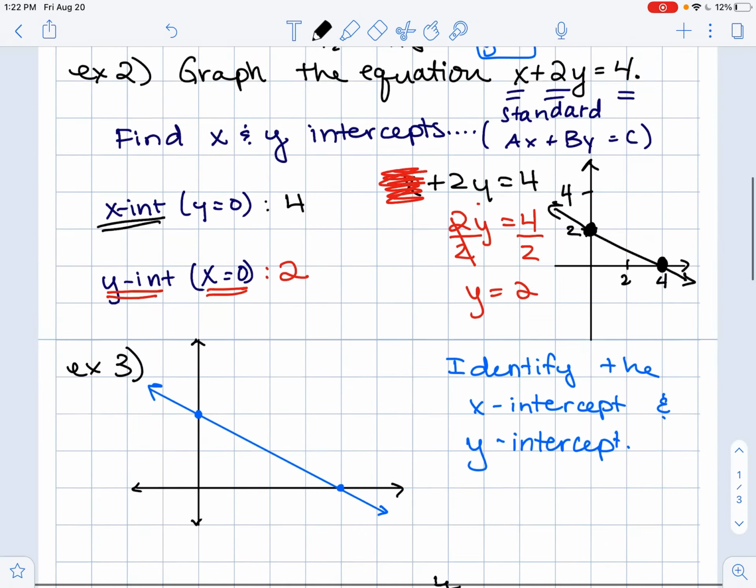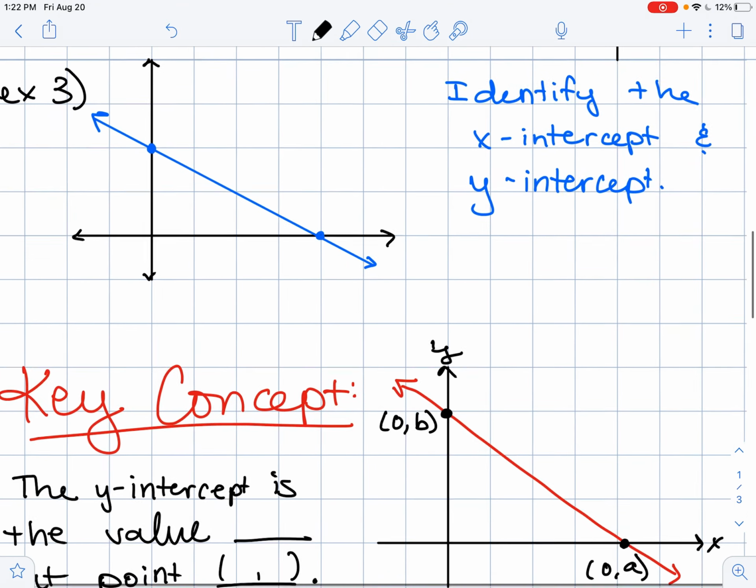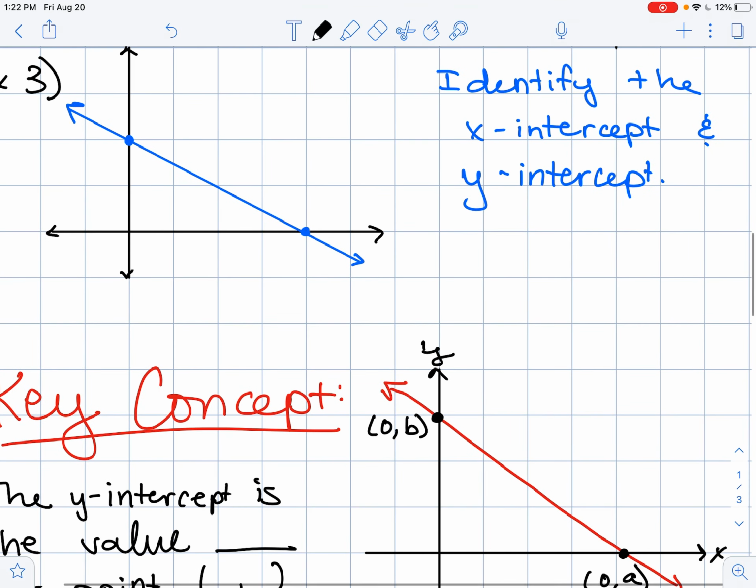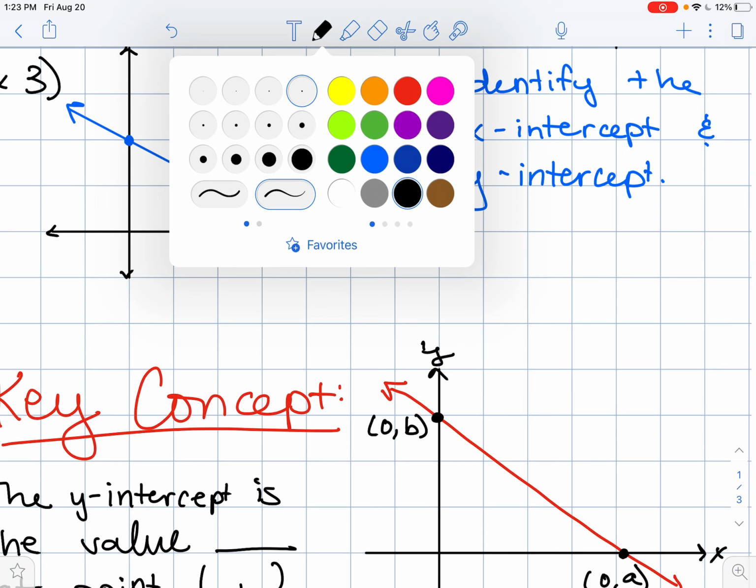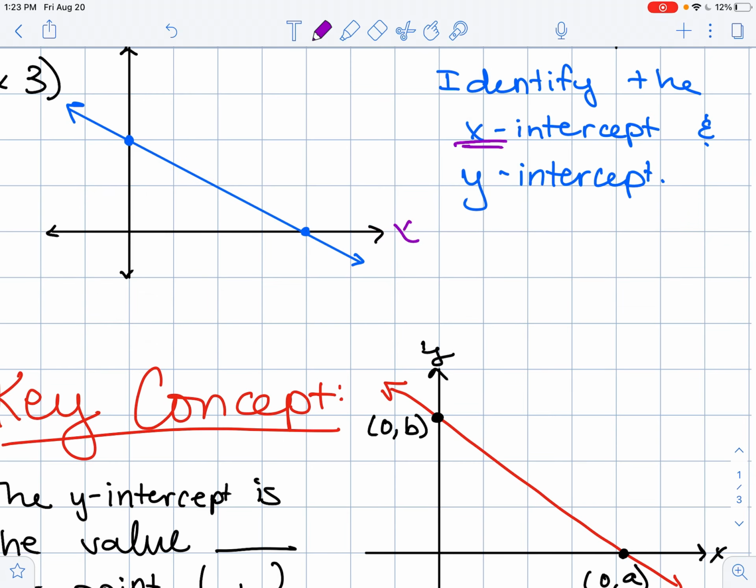Okay? All right, example number 3, identify the x and y-intercept. So this is pretty easy. To identify the x-intercept, we look at the x-axis. So where it crosses the x-axis is right here. And we count that out. So this is 1, 2, 3, 4. So this is when x equals 4. So the x-intercept equals 4.